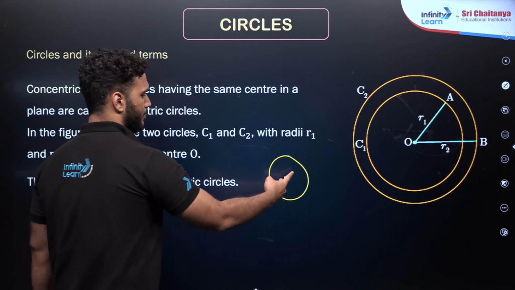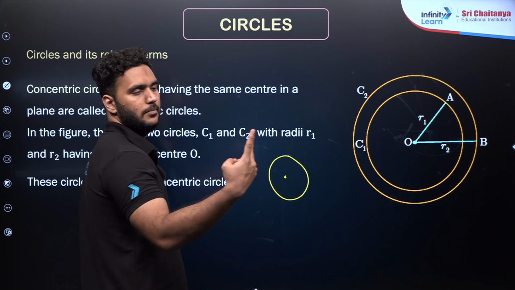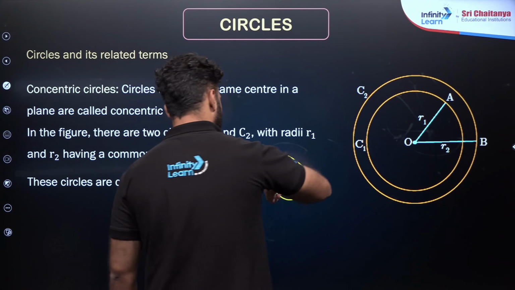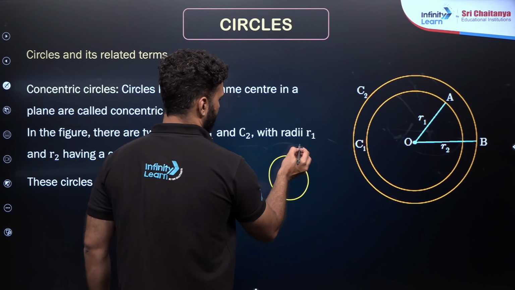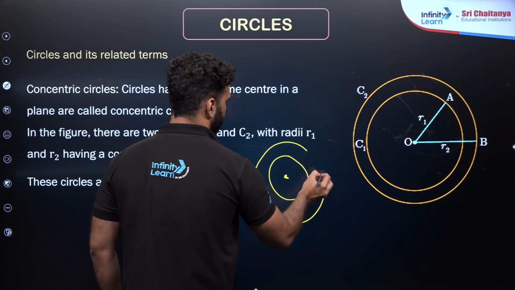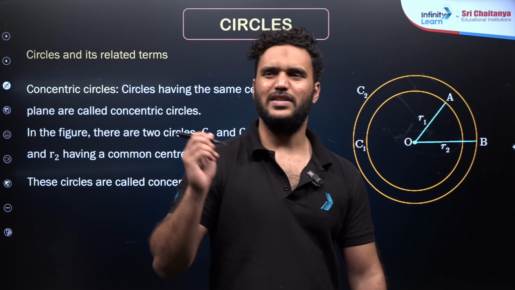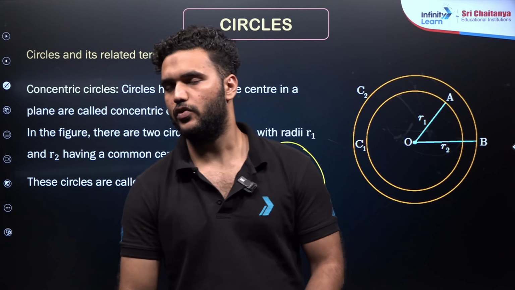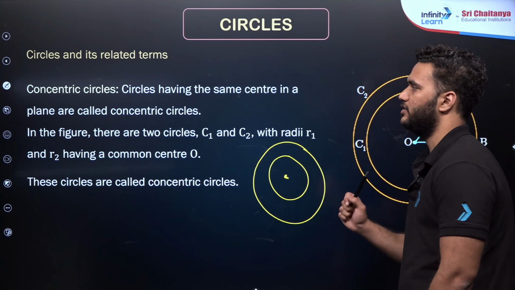Currently my compass is like this, but if I increase this, I will get such a kind of circle. So what is common between these two circles? They have the same center. If you have the same center, then such circles are known as concentric.